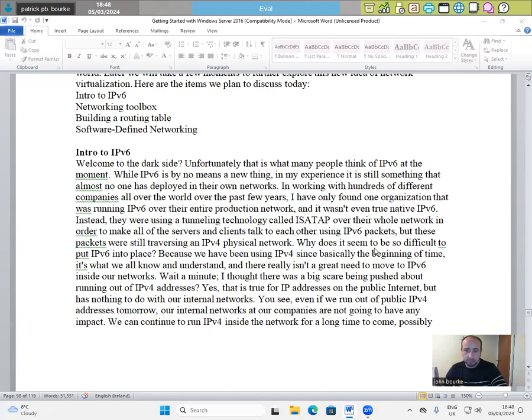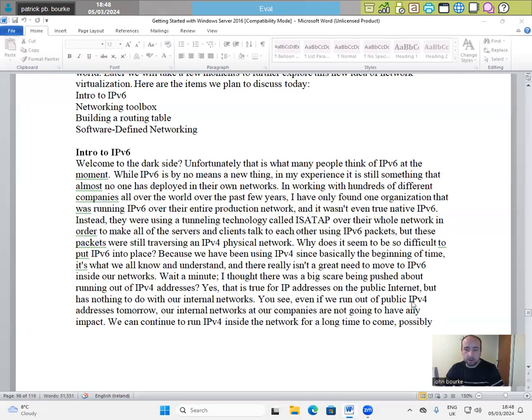Why does it seem to be so difficult to put IPv6 into place? Because we have been using IPv4 since basically the beginning of time. It's what we all know and understand, and there really isn't a great need to move to IPv6 inside our networks. Wait a minute. I thought there was a big scare being pushed about running out of IPv4 addresses. Yes, that is true for IP addresses on the public internet, but has nothing to do with our internal networks.